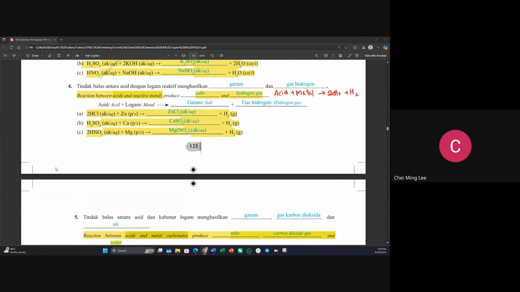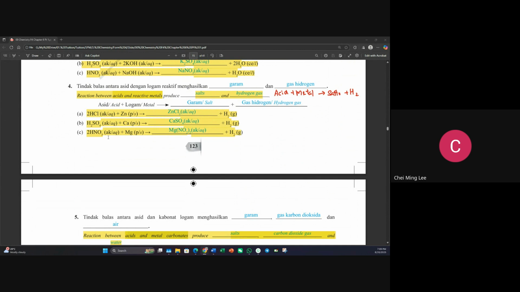So next, the reaction between acid and reactive metal will produce salt and hydrogen gas. Like 2HCl with zinc becomes zinc chloride with hydrogen. Sulfuric acid with calcium becomes calcium sulfate with hydrogen.